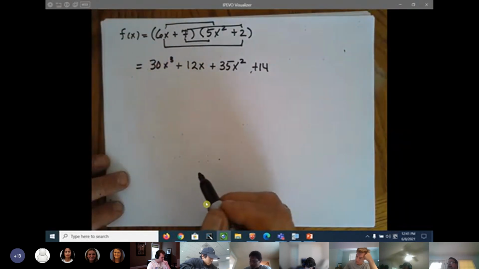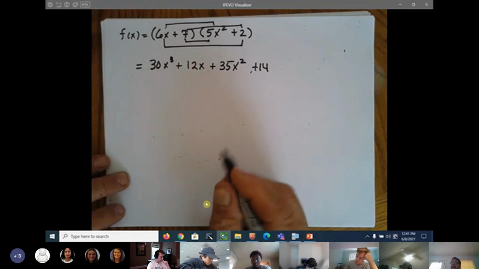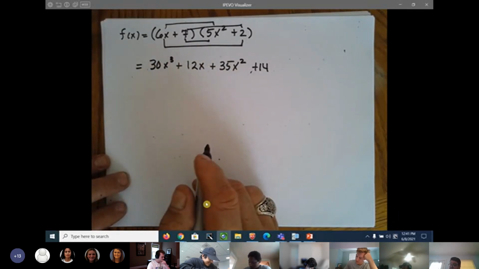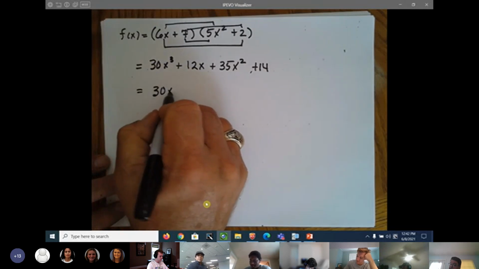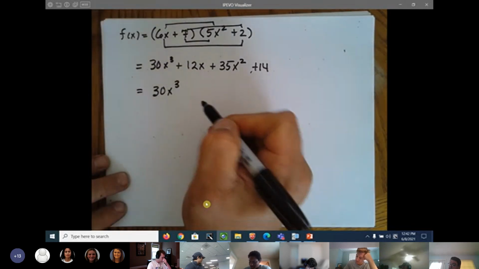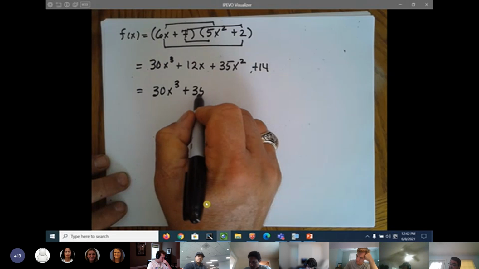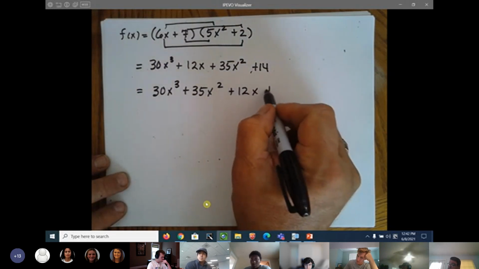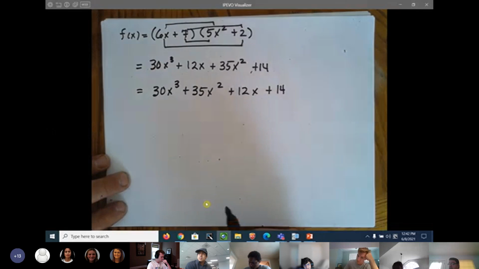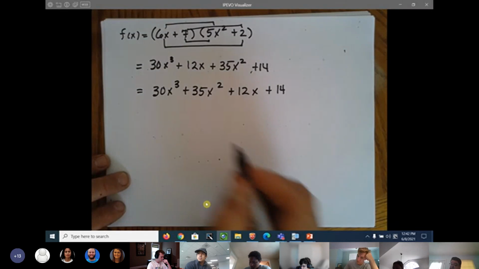Outside, inside, Clemson. 30x cubed plus 35x squared plus 12x plus 14. And that's f of x.